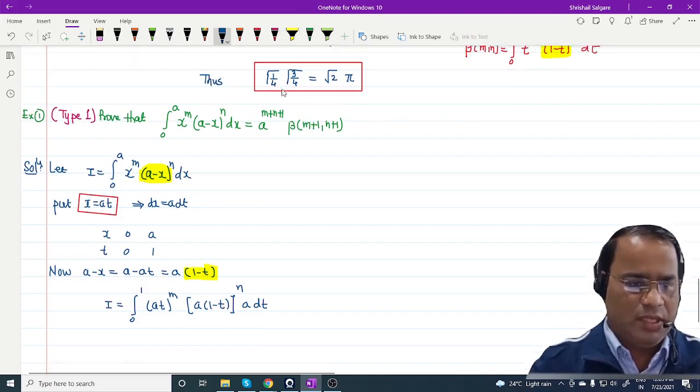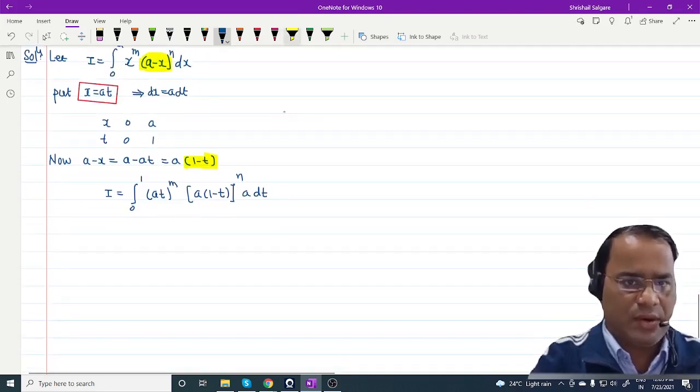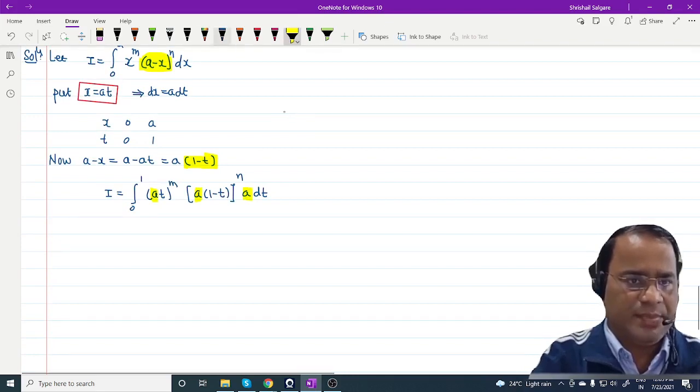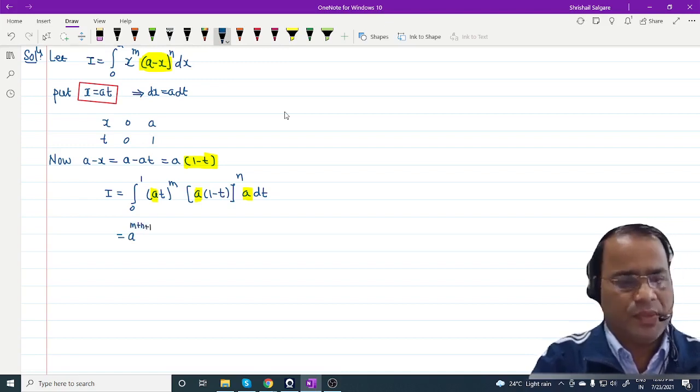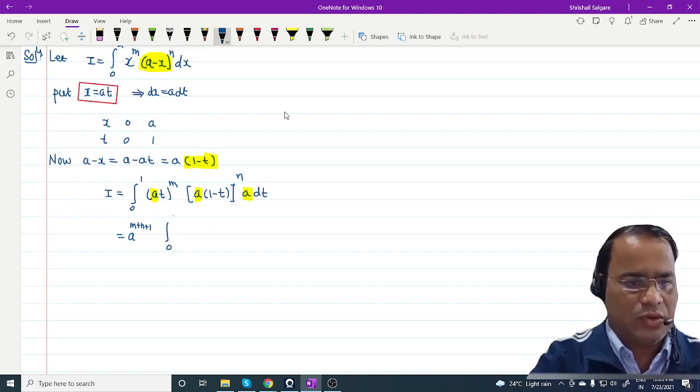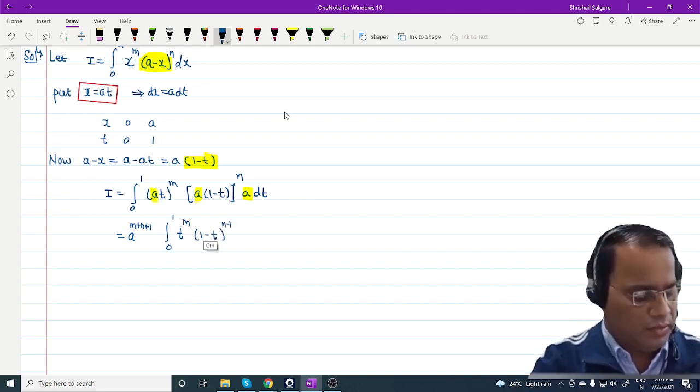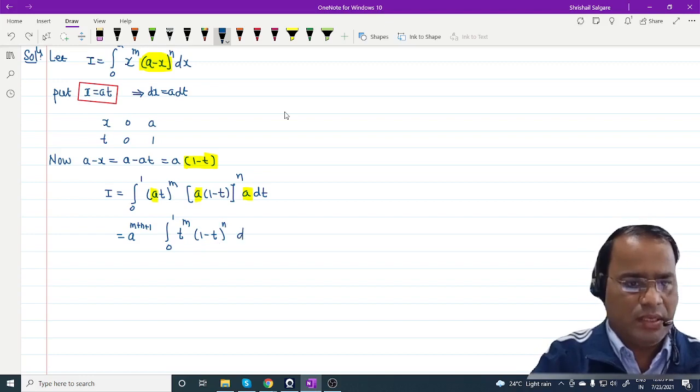Now from all these terms, I will take a outside, the constant a term that is written in multiplication form. That term I will take outside, which can be written as a raised to m plus n plus 1. And the remaining terms are the integral from 0 to 1 of t raised to m into (1 minus t) raised to n dt.